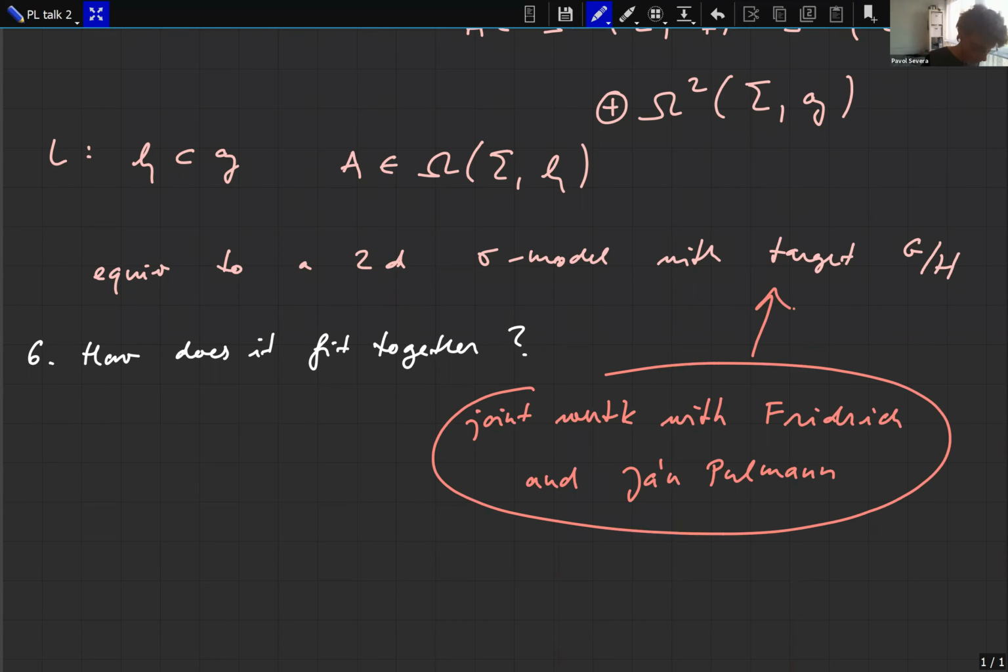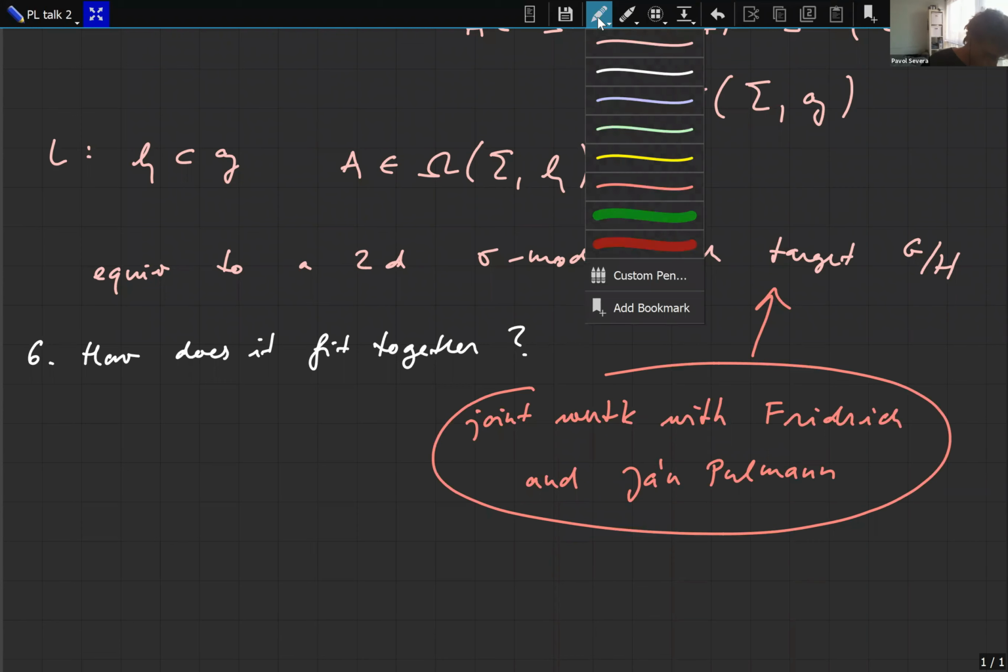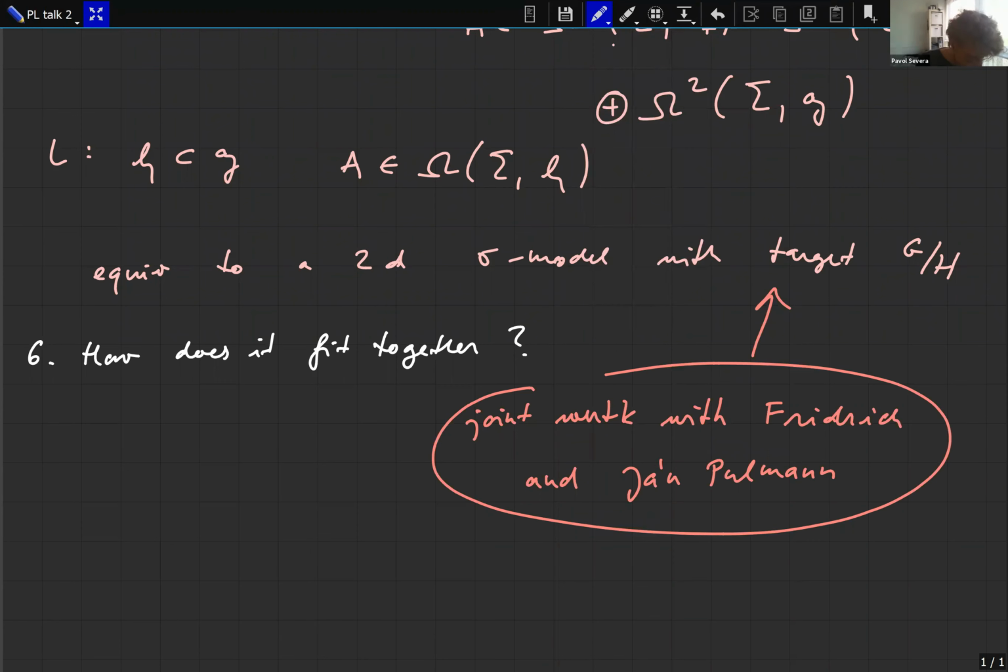So this thing that I was telling you about, this general picture of how to get dualities. Part 6 will probably be joint work with several people once it starts existing, but at the moment it's not real work.